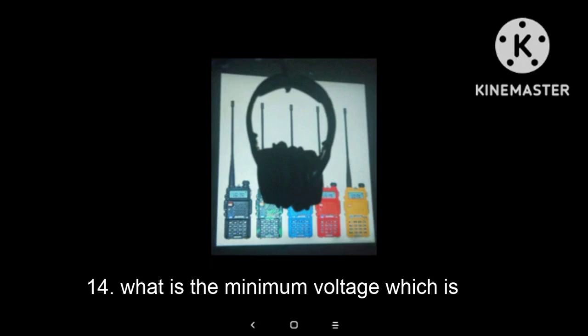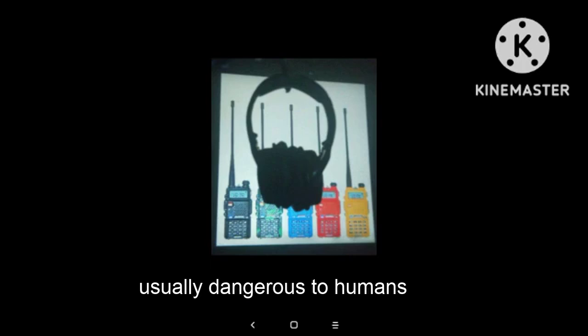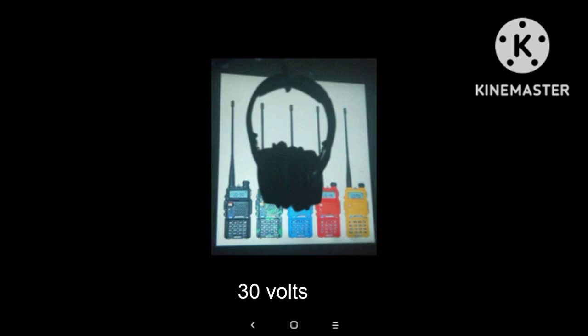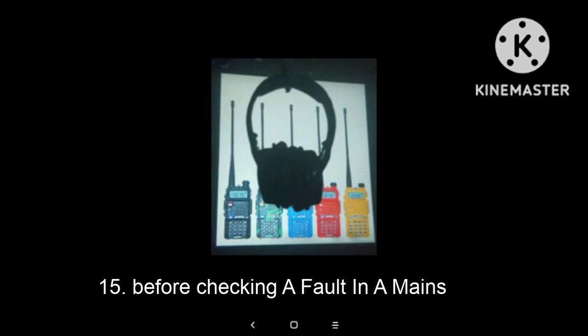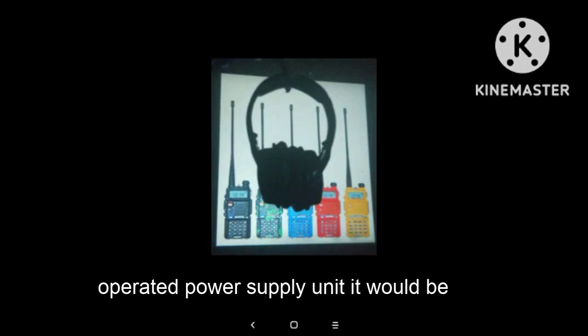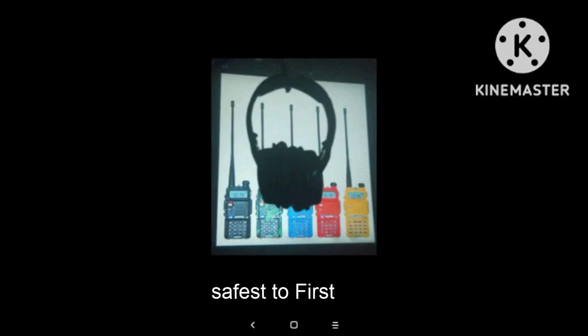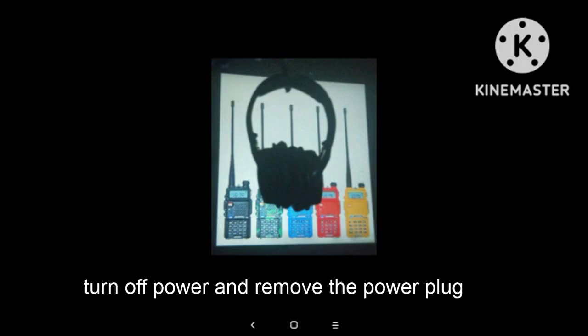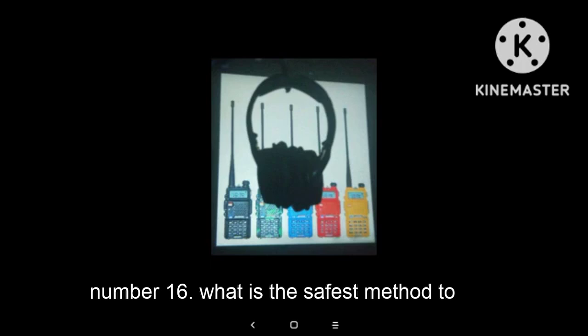Number 14. What is the minimum voltage which is usually dangerous to humans? 30 volts. Number 15. Before checking a fault in a mains-operated power supply unit, it would be safest to first turn off power and remove the power plug. Number 16.